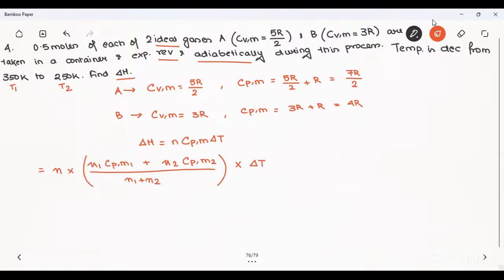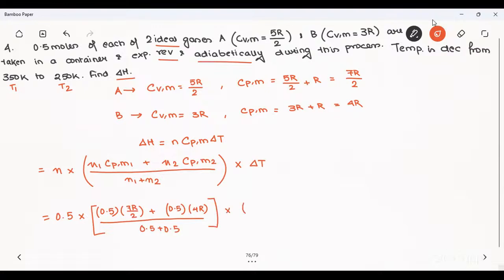Good. So now just put the values. What is n? What is n1? 0.5, and CPM 7R by 2, plus n2. What is n2? 0.5 into 4R. Right. And the denominator is 0.5 plus 0.5. What is delta T?